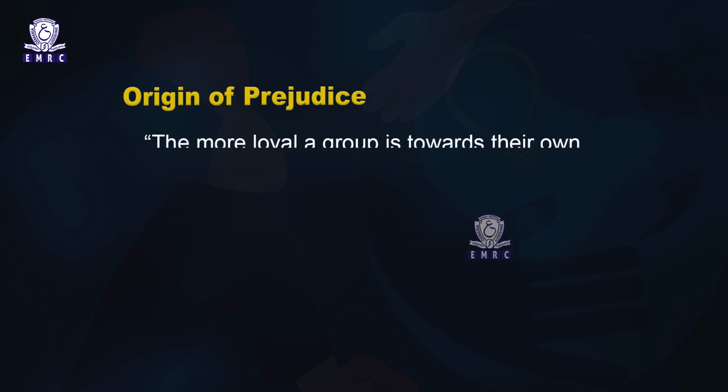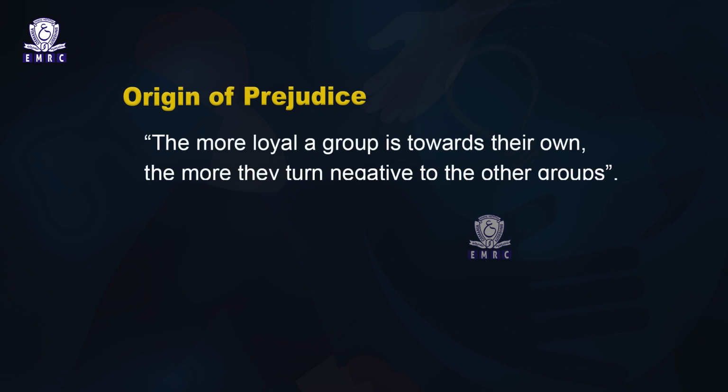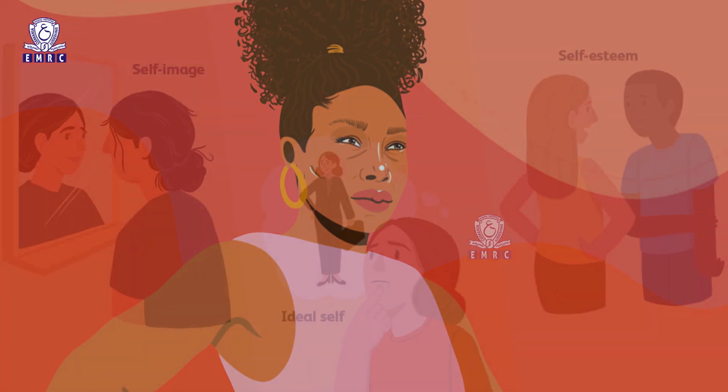According to a cross-cultural study of 186 different societies, the more loyal a group is towards their own, the more they turn negative to the other groups. When one's identity or group identity is threatened, then one's self-esteem is also at stake.